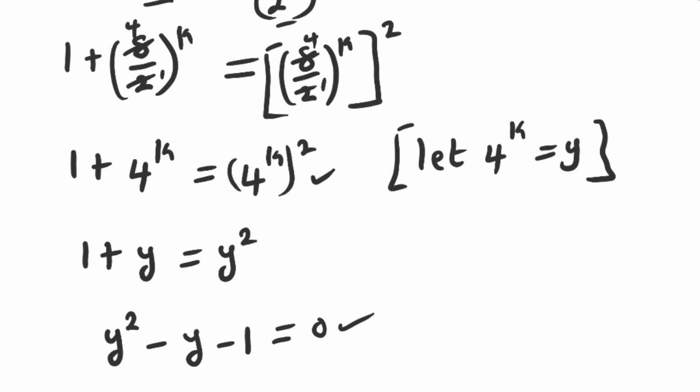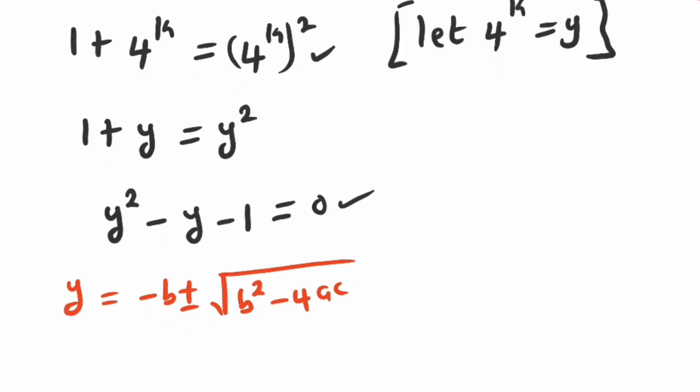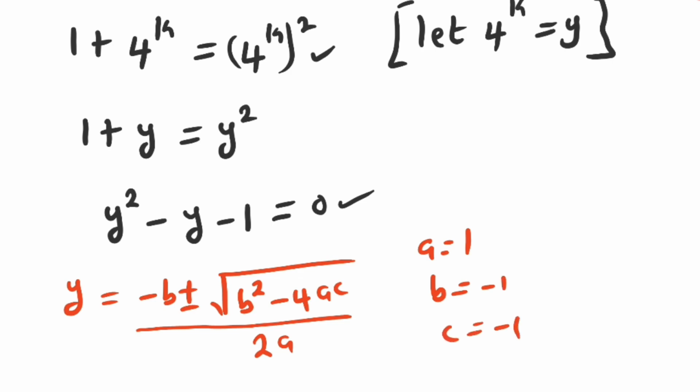And our quadratic general formula is given as y is equal to minus b plus or minus square root of b squared minus 4ac over 2a. And from this equation, a is equal to 1, b is equal to minus 1, c is equal to minus 1.